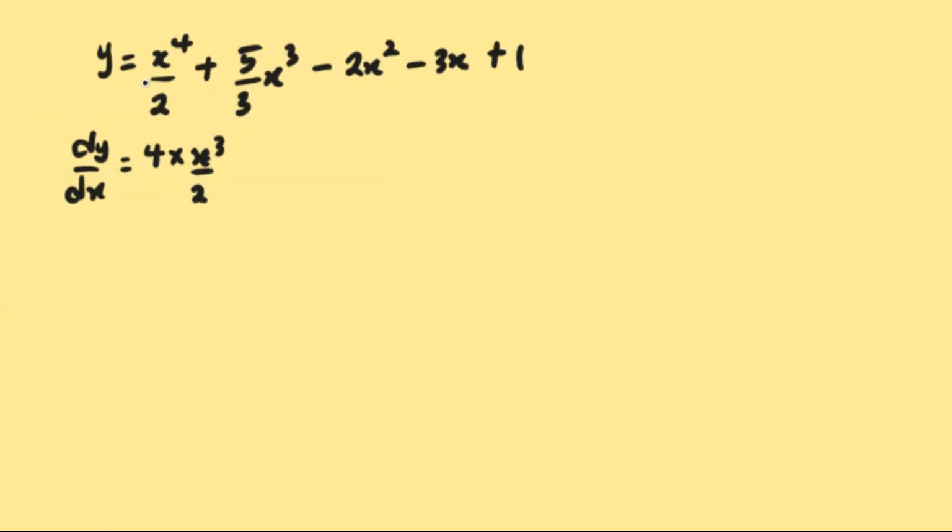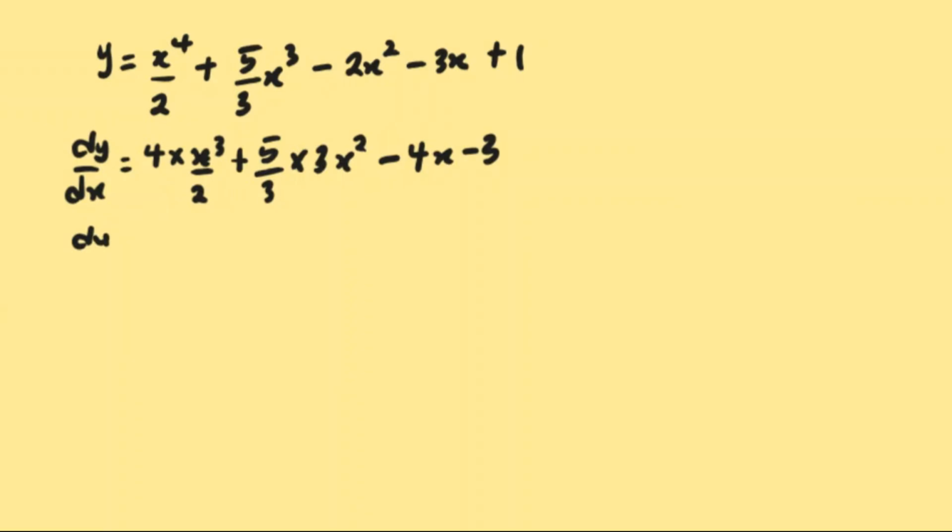So that's 4 times the coefficient, which is still 4, and we subtract 1 from the power. So we have plus 5 divided by 3 multiplied by 3x raised to the power of 2, minus 4x, minus 3. And when you differentiate 1, that will give you 0 because it's a constant.